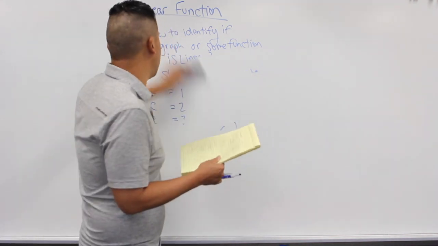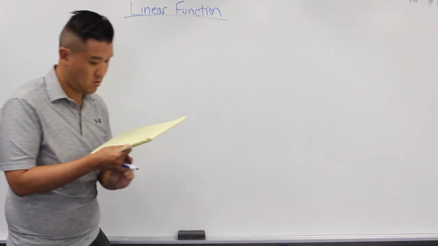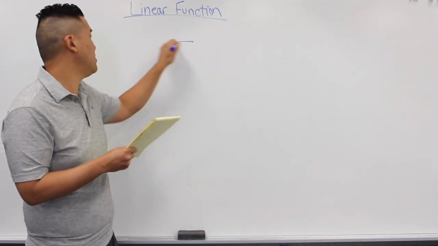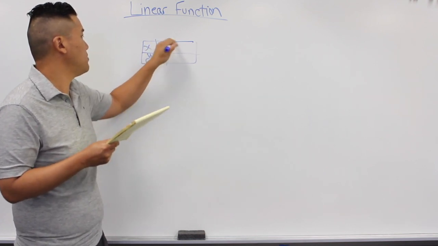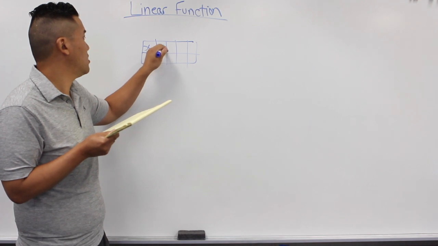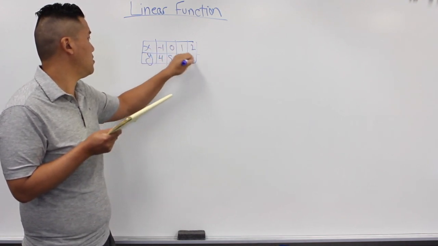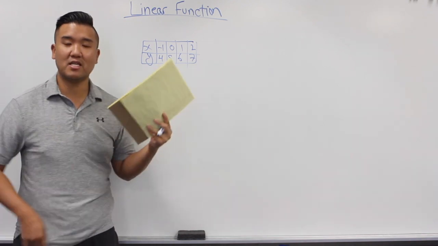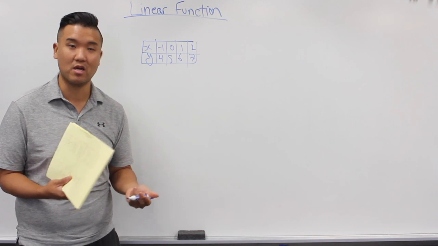Let's take our first example. Let's say I have a table with a couple points. Is this function linear, or is this some other type of function that we haven't talked about yet?